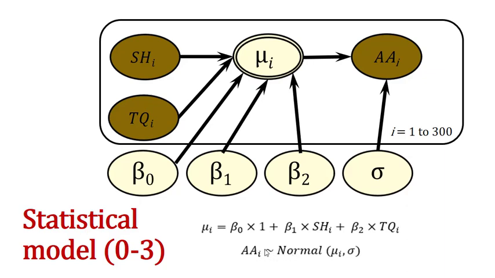And then what this sign means is "is distributed." So basically the values of academic achievement are distributed normally, and the mean of that distribution is the 300 mu's and 1 sigma.